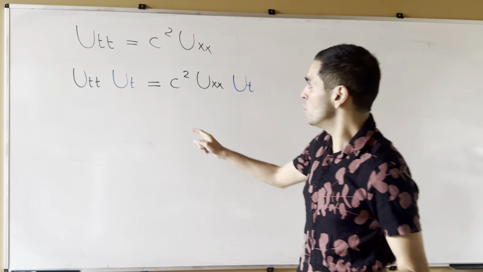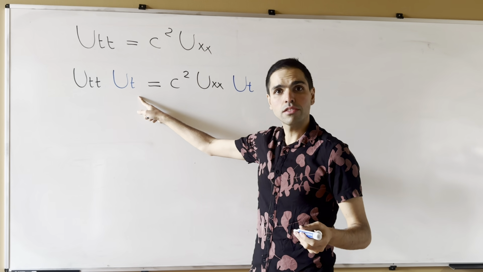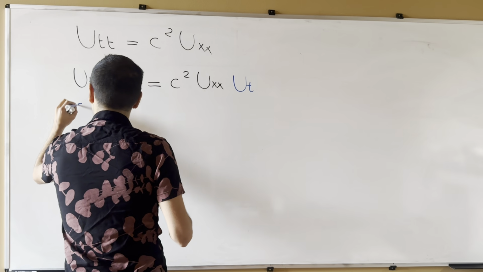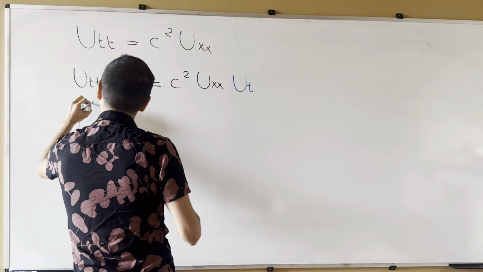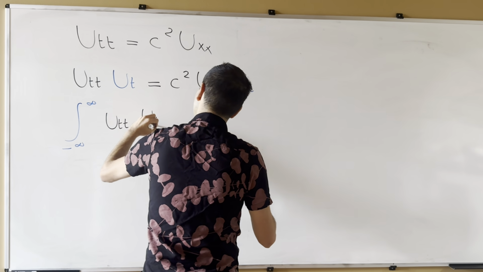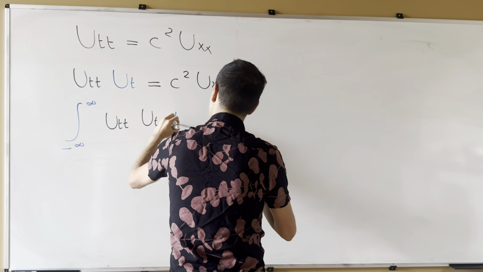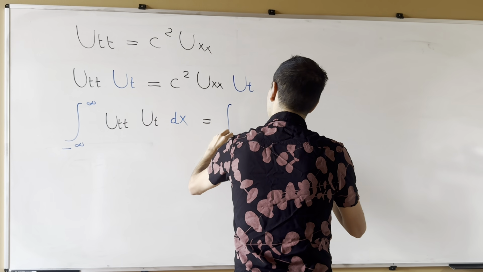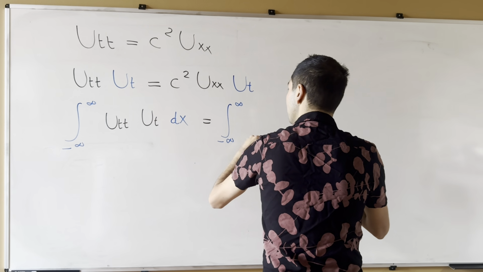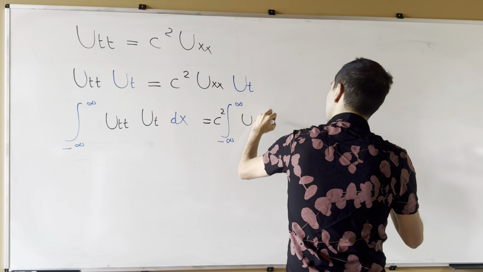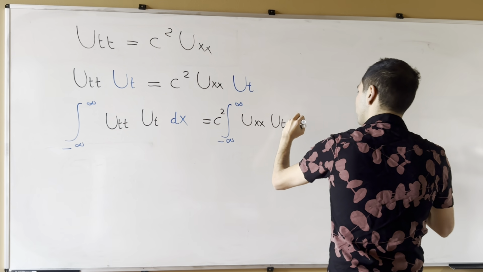So now we integrate with respect to x from minus infinity to infinity: the integral from minus infinity to infinity of u_tt u_t dx equals the integral from minus infinity to infinity of c squared u_xx u_t dx.